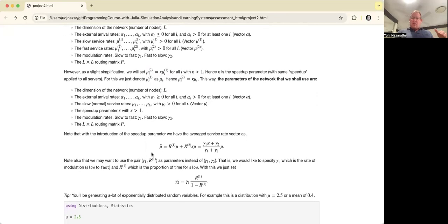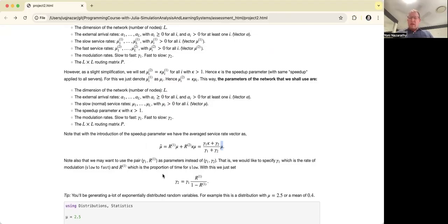So just note that when you do this kappa, then you also have the speed up rate, and now the vector mu tilde is the vector mu multiplied by this scalar. You can work out this calculation and see that I didn't mess it up. Please let me know if I did, but I think it should be okay. Okay. So gamma 1 times kappa plus gamma 2, divided by gamma 1 plus gamma 2.